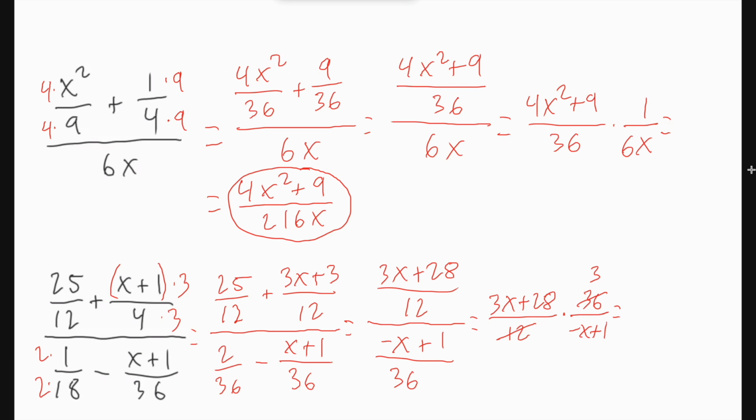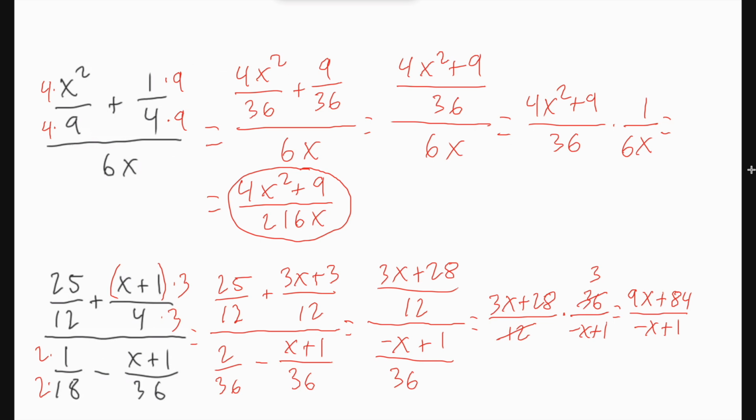You can't factor anything out other than a negative 1. And so we're just going to have to multiply. So 9x plus 84 over negative x plus 1.